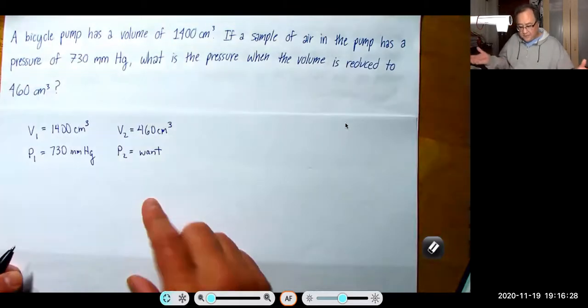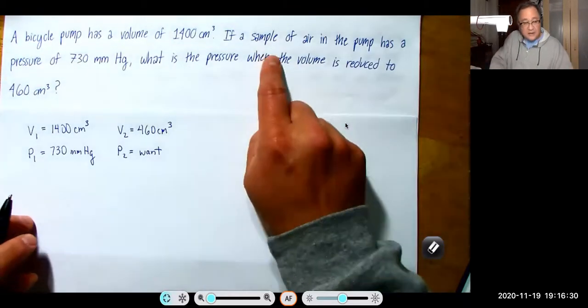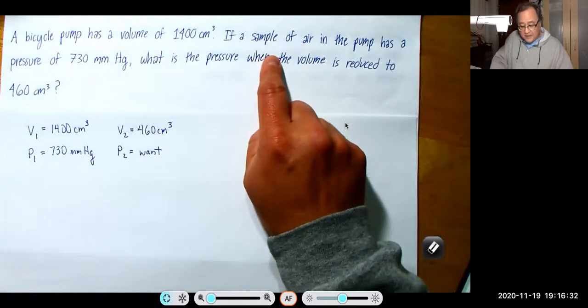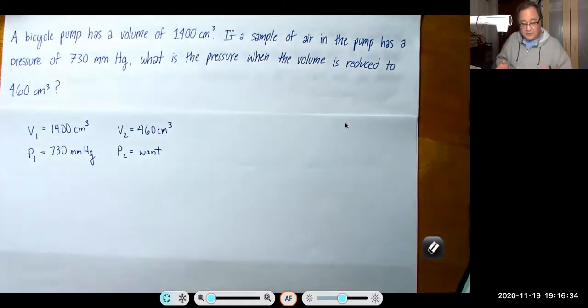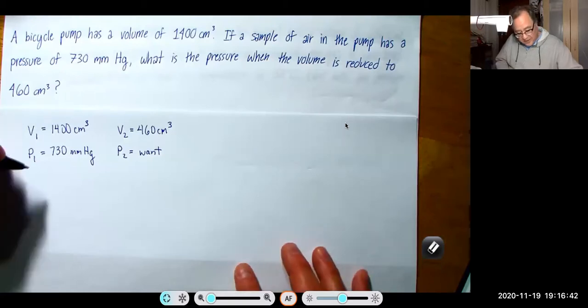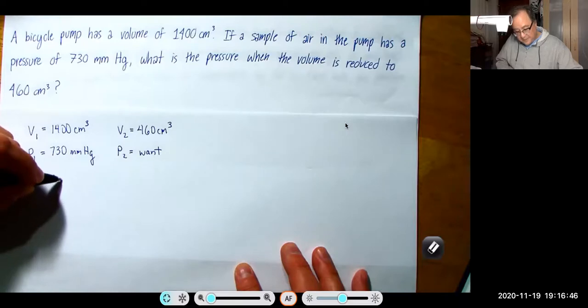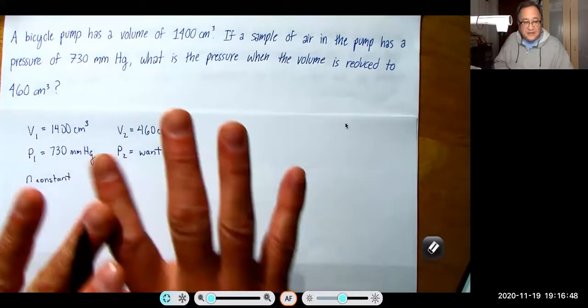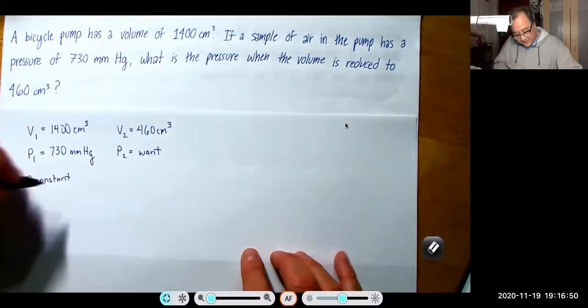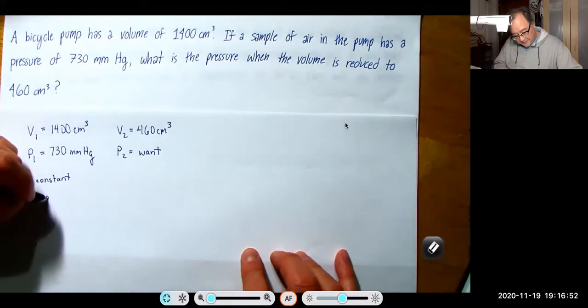So that presumes there is a new pressure. Now, if the sample of air is in the pump, and then we just change the pressure, what happens to the amount of molecules in the sample? It doesn't change. So N is constant. And here they don't say anything about the temperature, so we assume that the temperature is constant.